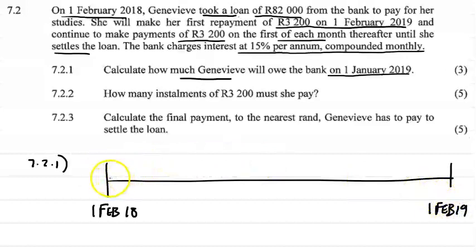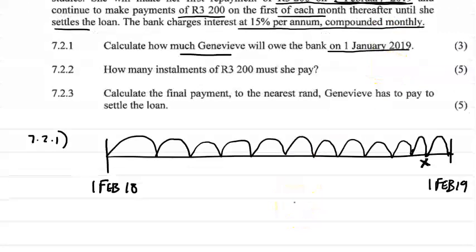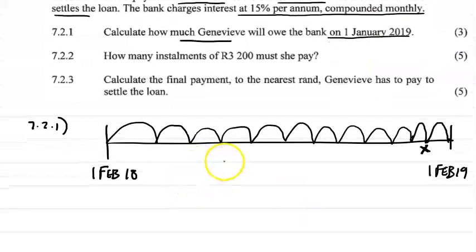Remember that the first payment is due 1 month later. If you count the number of months, it will be 12 months. So you just take the number of months and subtract 1, and that's how many months she will actually owe the bank interest for. Therefore, she has now delayed her payment by 11 months.